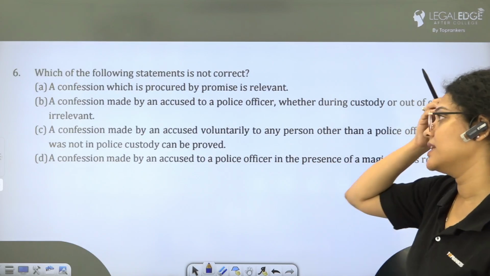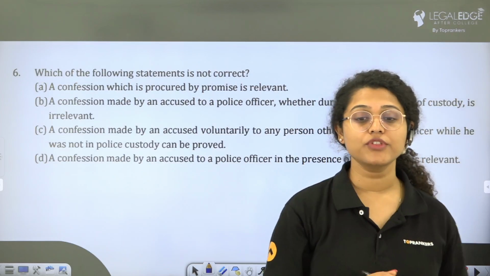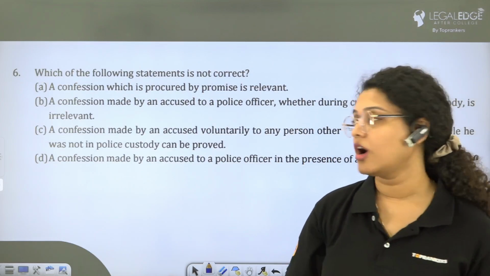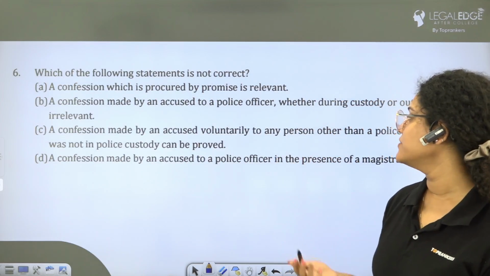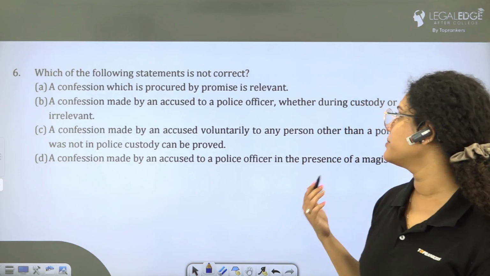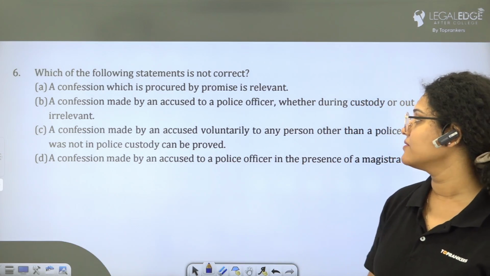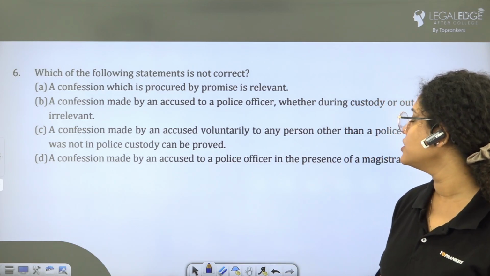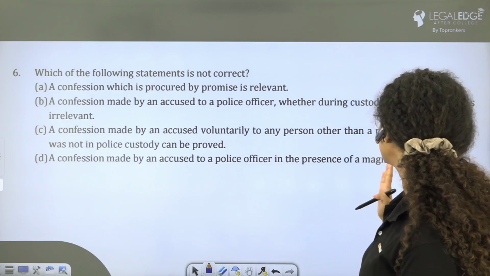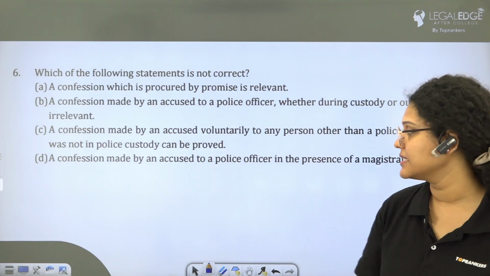Right. Moving ahead. Question number 6. Which of the following statements is not correct? A. A confession which is procured by promise is relevant. B. A confession made by an accused to a police officer, whether during custody or out of custody, is irrelevant.